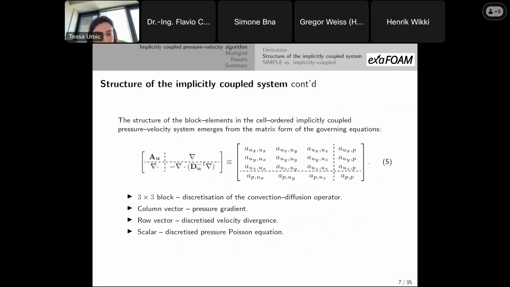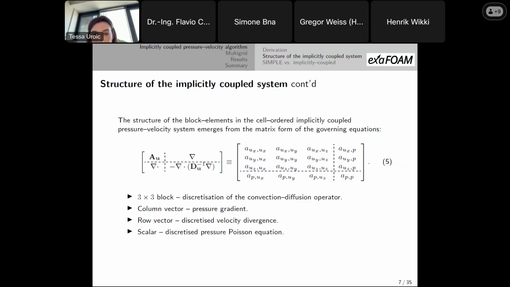So the structure of the block element in the matrix actually follows the discretization procedure that we use in the normal SIMPLE algorithm, meaning that when you write the equations in a block matrix, the elements representing the coupling between the variables between different cells will have the same structure. Here on the top left, you will have the discretization of the momentum equation, where you only take into account the velocity terms, so dependence of different components of velocity.